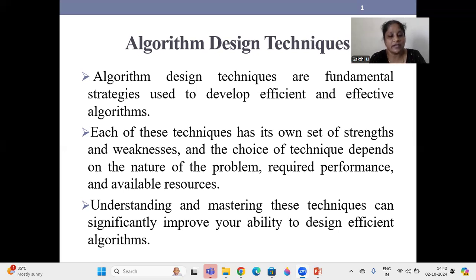Understanding and mastering the techniques can significantly improve the ability of designing efficient algorithms. So before designing an algorithm, we must understand the requirements, performance, available resources, and the nature of the problem.